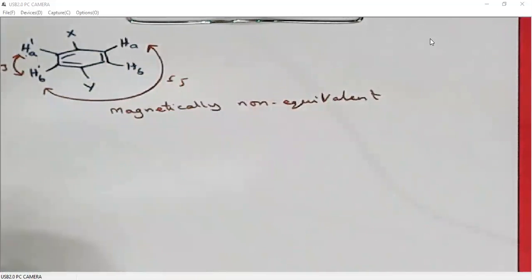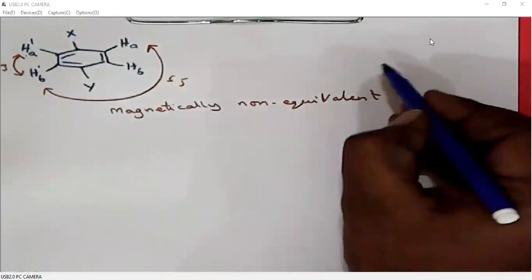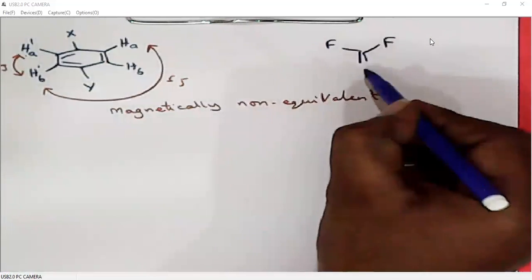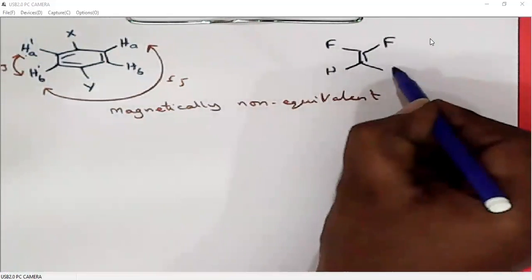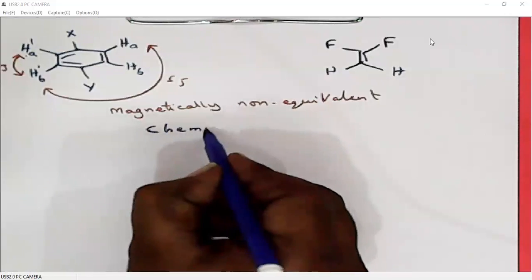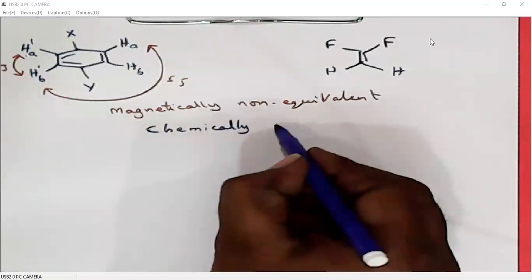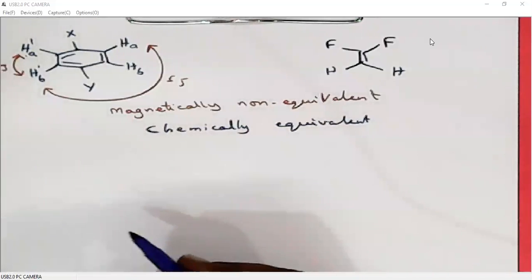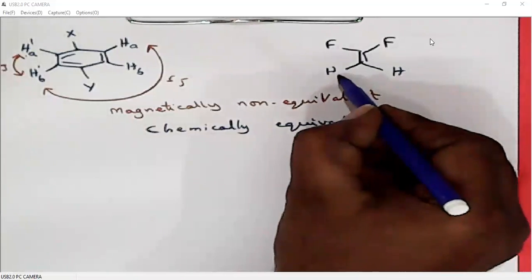I'll give a very simple example compared to this, where we can easily observe chemically equivalent and magnetically non-equivalent. These are chemically equivalent, magnetically non-equivalent. Look at these two protons.